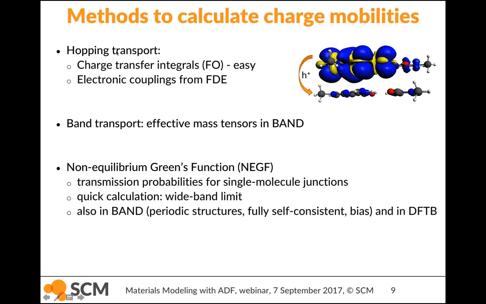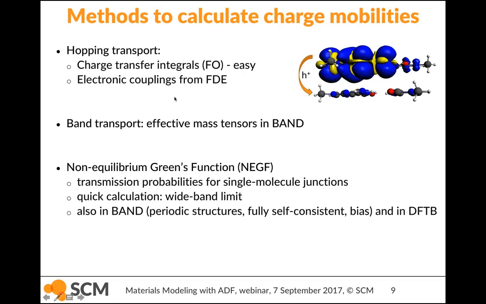So usually you're in the independent charge hopping event regime, where this hopping transport can be calculated from the transfer integrals, which you calculate with ADF, and then you plug that into the rate equations.